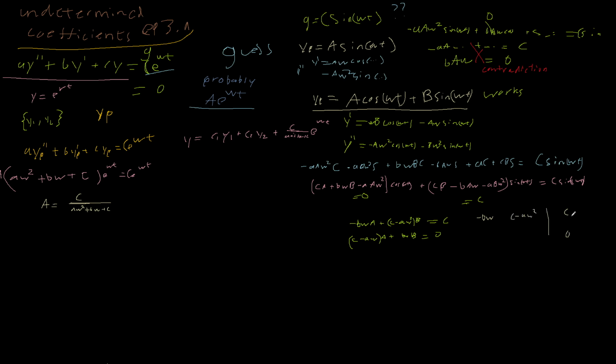C and 0, so this is obviously our big constant C, and then C minus AW squared, and BW. All right, so we get this system of equations. Basically, you row reduce this matrix and you're going to solve for A and B. And we can go ahead and do that, I suppose.